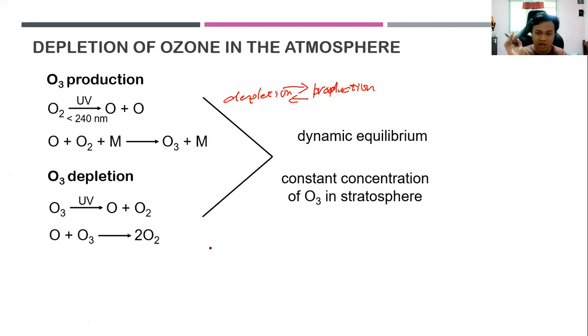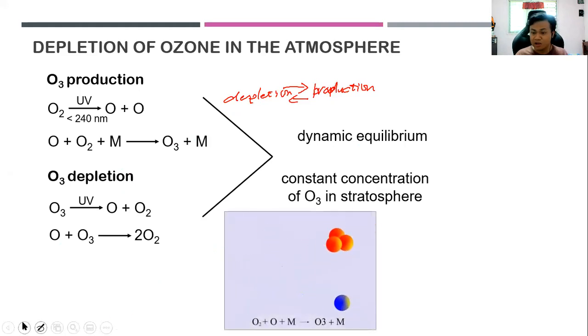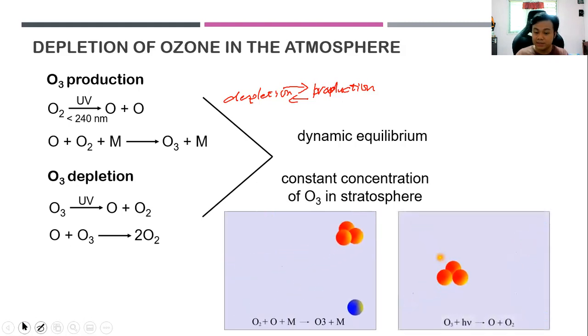If you will learn about it in your kinetics, but I'm just giving you the background here. And so I took a GIF so you can visualize how ozone is formed, and also how ozone is depleted.